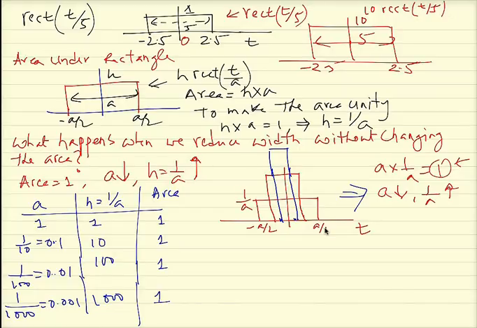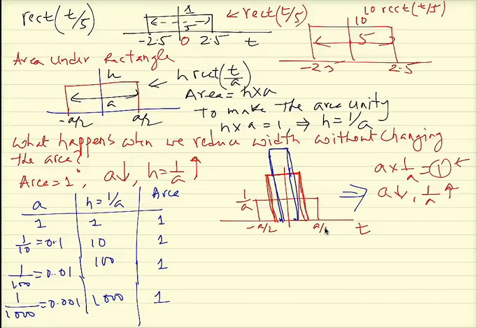So if you reduce a, as we have drawn here, initially the width is reduced by half, and then the height will be increased by 2 times. If you reduce the width by 4 times, then the height will also be increased by 4 times, right?